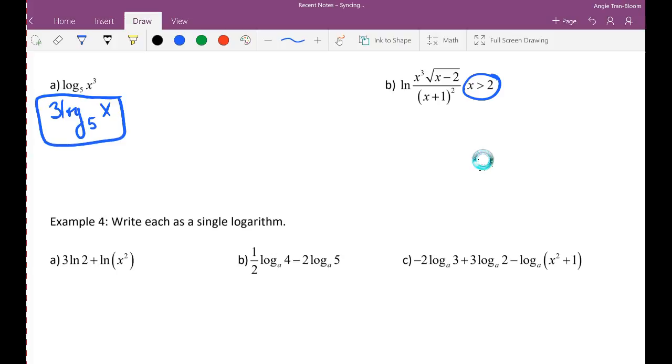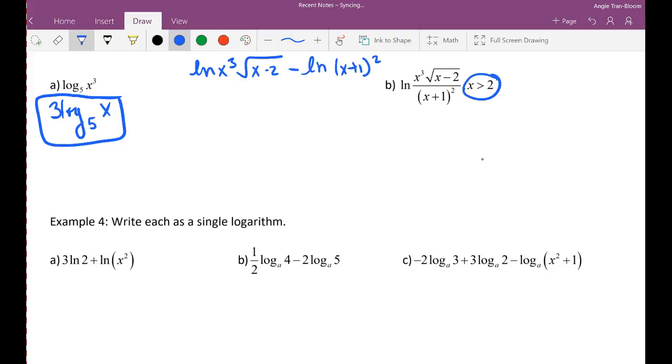We are going to start with division. So here you go, guys. Division in log becomes what? Subtraction. So natural log of x to the third times radical x minus 2. And then now I'm going to write what after this? Minus natural log of what? x plus 1 to the power of 2.